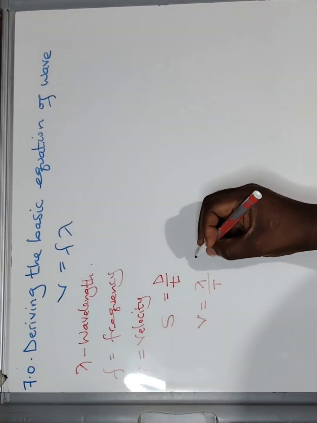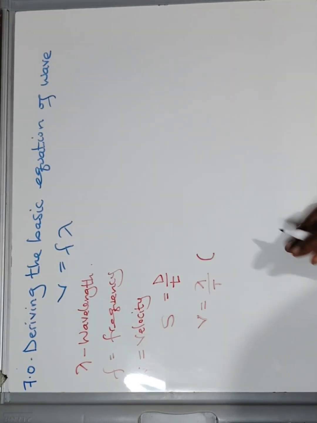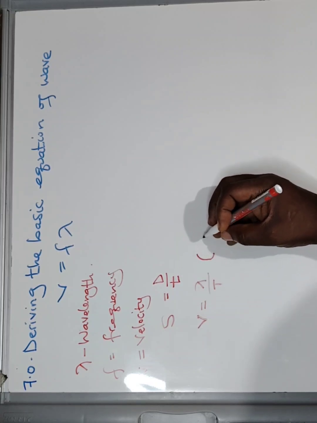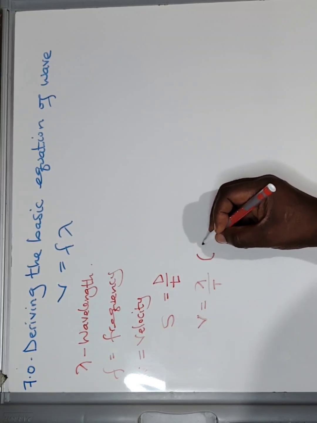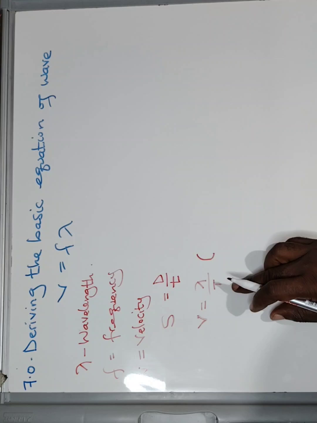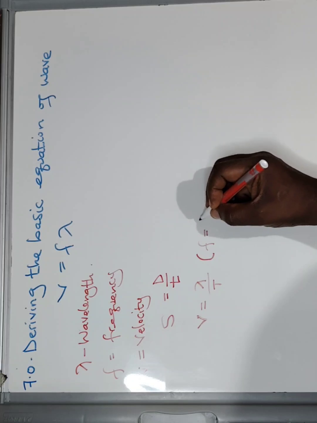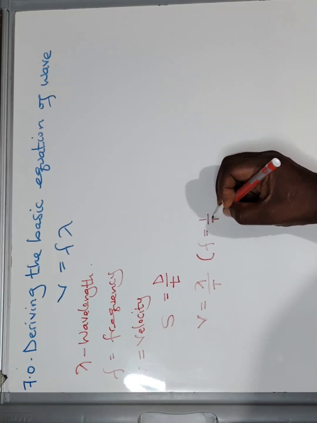Here we have to remember that a relationship exists between period and frequency. That relationship says that frequency is equal to 1 over period.